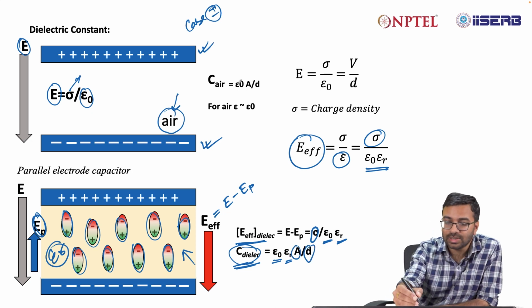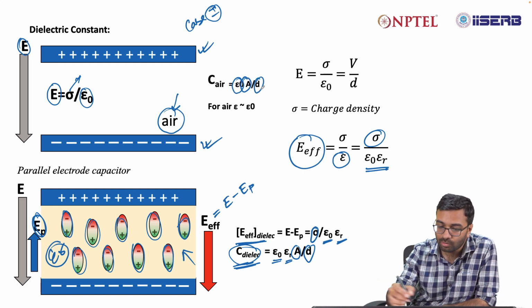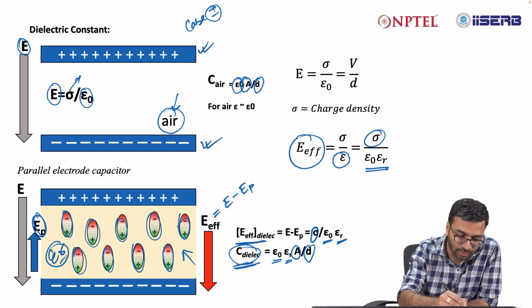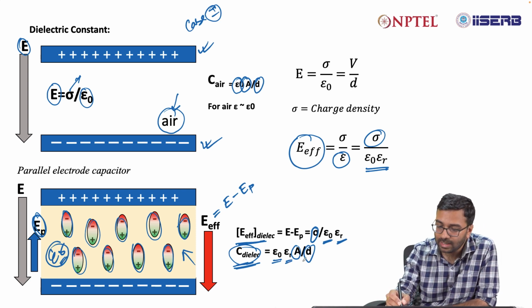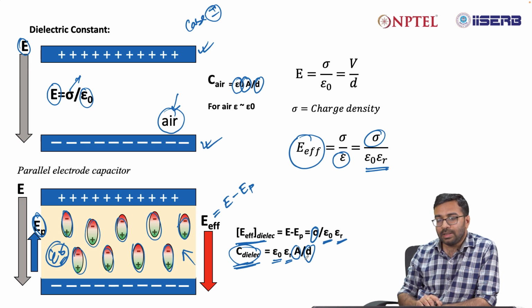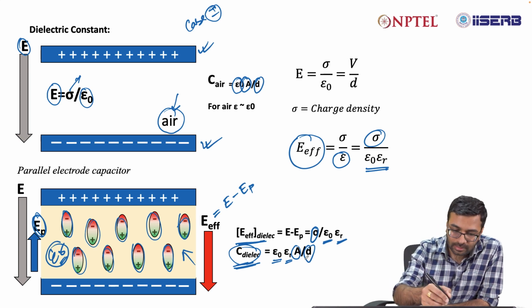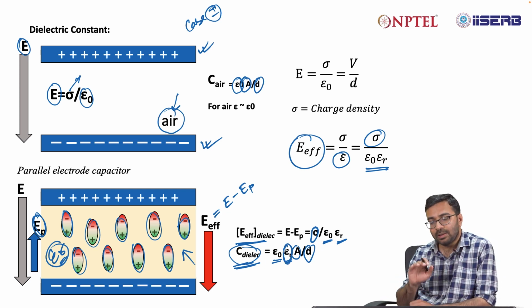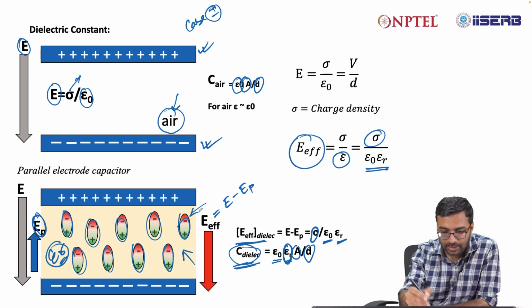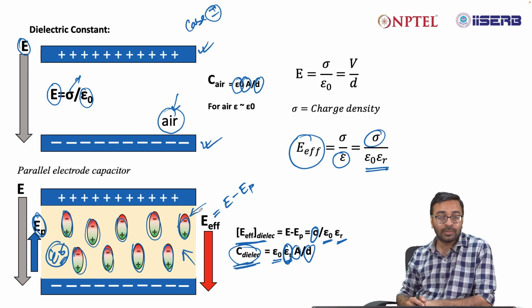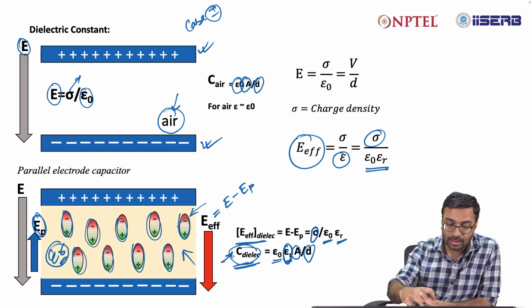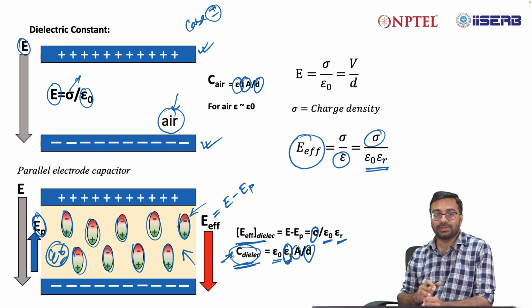Previously, it was epsilon 0 A divided by d, but now you have a new dielectric material in the place of air. This epsilon r is the dielectric constant of the new dielectric material. So, if you use a dielectric material that has a higher dielectric constant, you can increase the capacitance without changing the arrangement of the parallel plate capacitor.